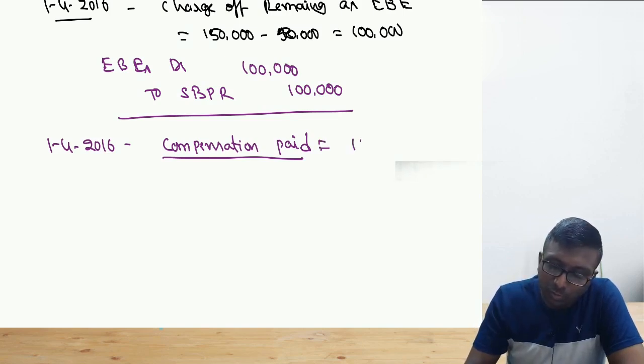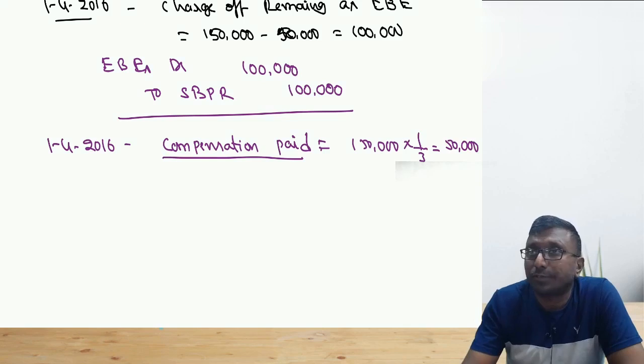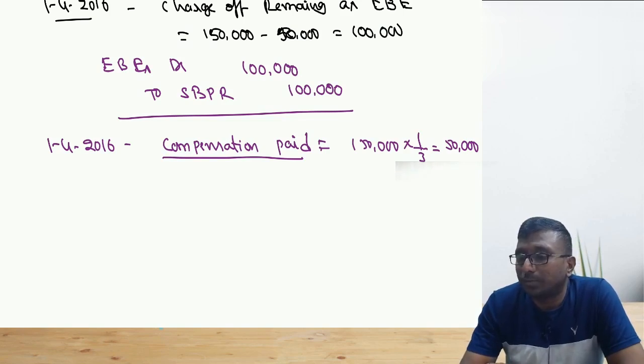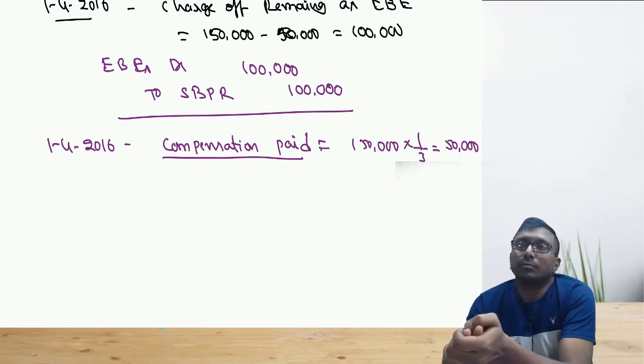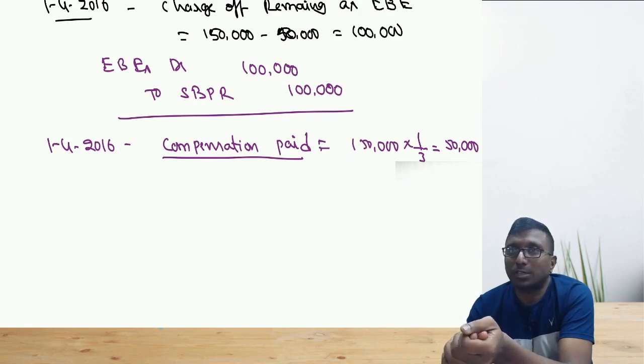That is equal to 1,50,000 into 1/3, 50,000 rupees you are giving. Tell me, propose the entry. What entry would you like to do? Employee benefit expense to cash. How much?